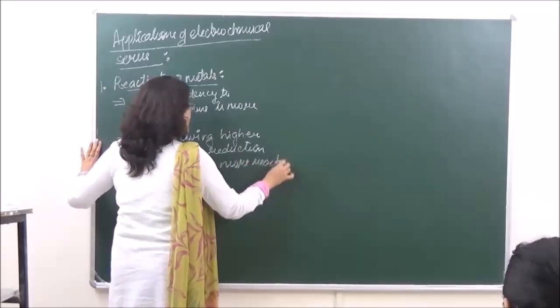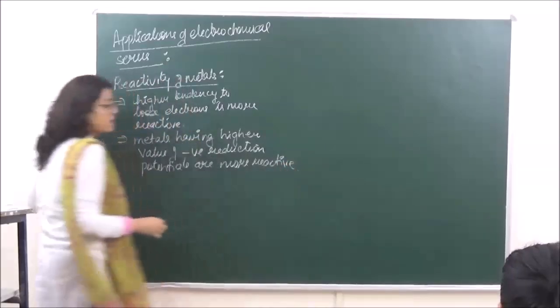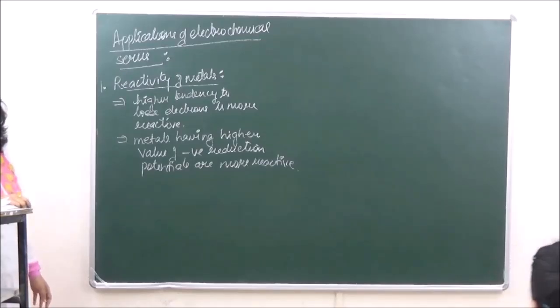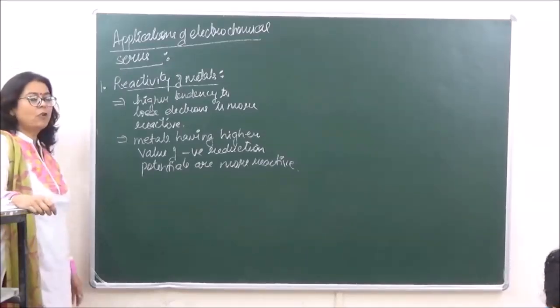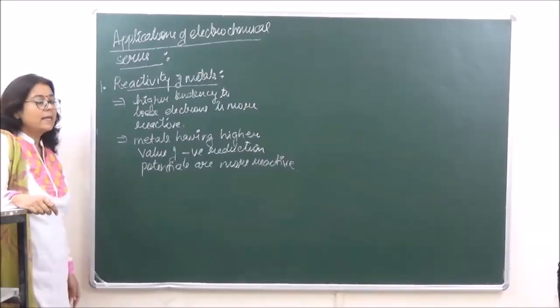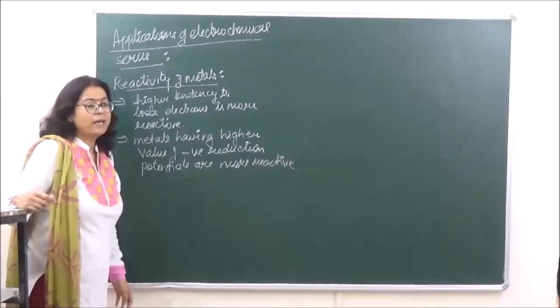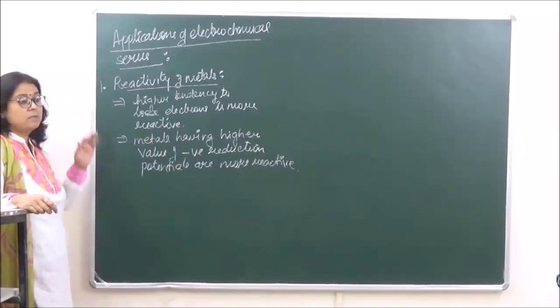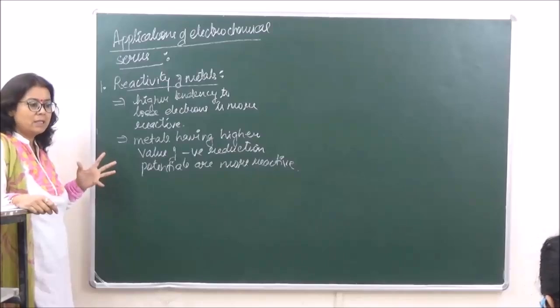So if you're looking at the electrochemical series, just flip over to the page of the electrochemical series. If you're looking at that, the most negative value is that for lithium, right? Now although lithium has a higher ionization energy, we know that the tendency to lose electrons depends upon what? It is going to depend upon the ionization energy.